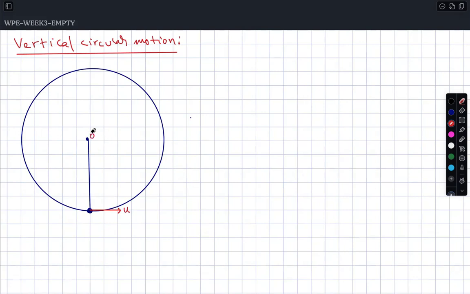Remember, here O is the center, A is the base, and this is a vertical circle. So g acts vertically downwards.